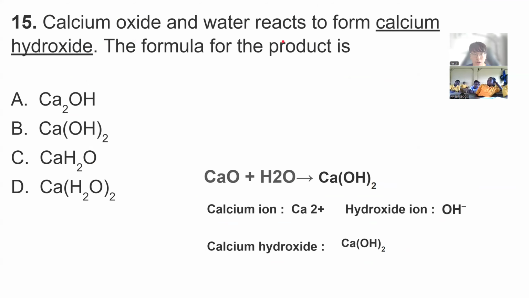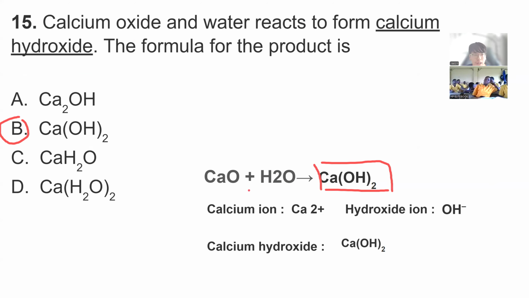Calcium oxide and water react to form calcium hydroxide. The formula for this product is... Yes, it is B. I actually have it given out here, but how did we get this?